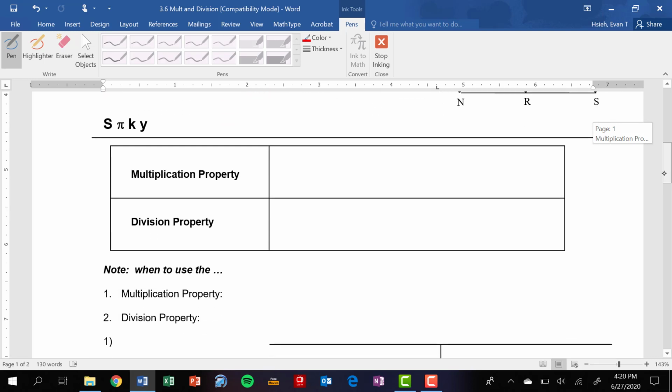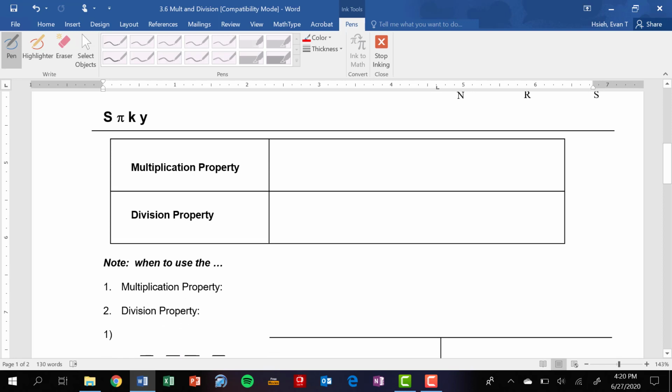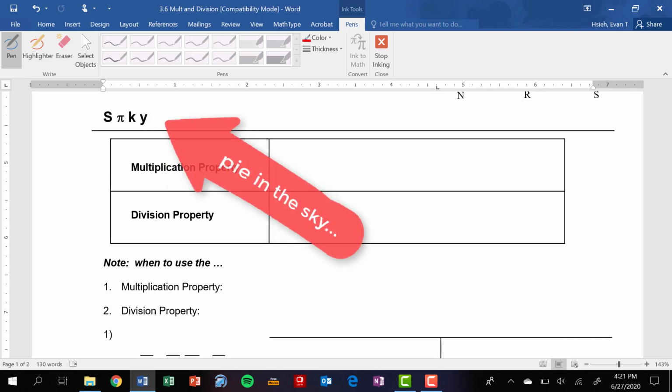So let's write out these multiplication and division properties, because for now, while we're in this chapter, and while I'm not convinced that you actually understand the multiplication and division property, I'm going to ask you to write it out.